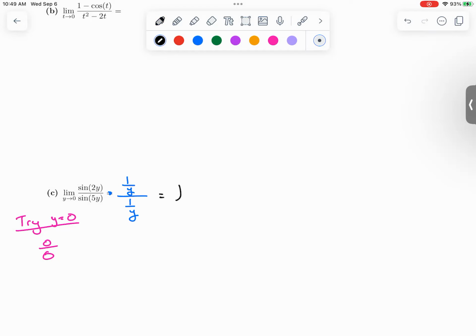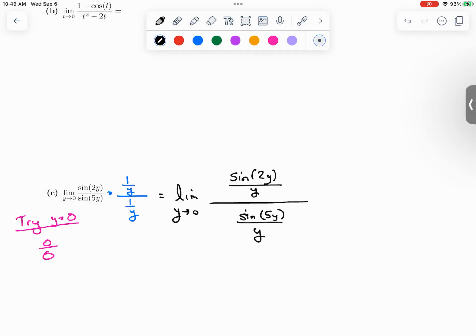Why not? Well, then you get sine of 2y over y, big bar, sine of 5y over y. We're getting closer. But we're not there yet because that's not sine of y, that's sine of 5y.